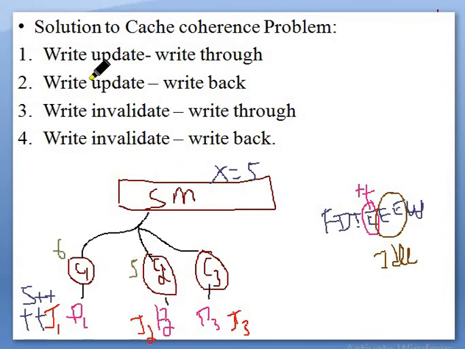To avoid this problem, as soon as you update, write through means updating in all the caches of all the processors. If they are using x, it automatically becomes the new value 6. That is the procedure called write through. After write through, the second method is update and write back.